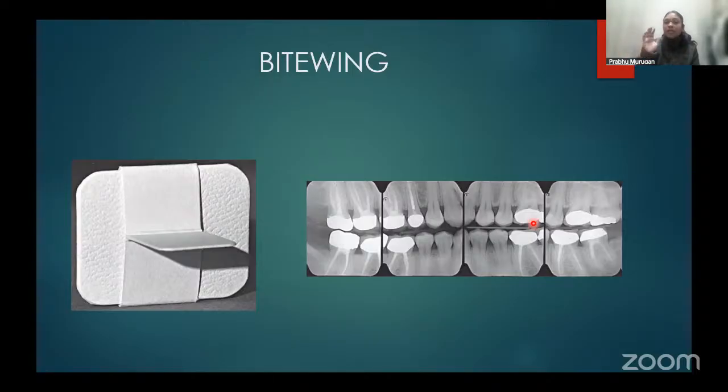But this one is mostly to check the crestal bone loss, or in case of any periodontal treatments, to evaluate if there is bone growth or not. In such cases only, we'll mostly use your bite wing radiograph. Or in case of interdental bone loss, basically for that only, we'll mostly see the bite wing radiographs. So the intention is to see both the maxillary and the mandibular teeth in one single X-ray.